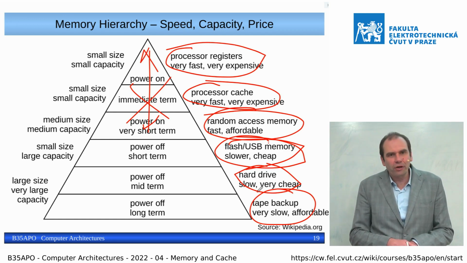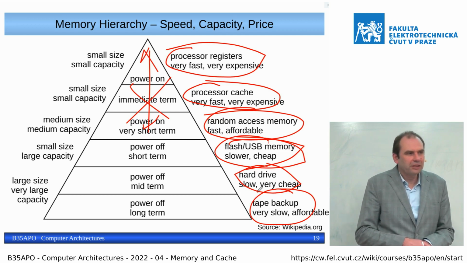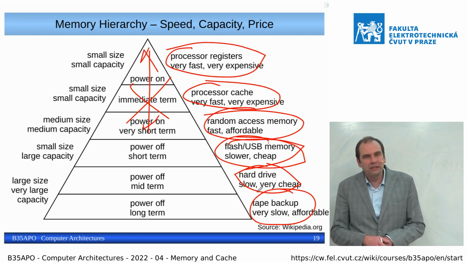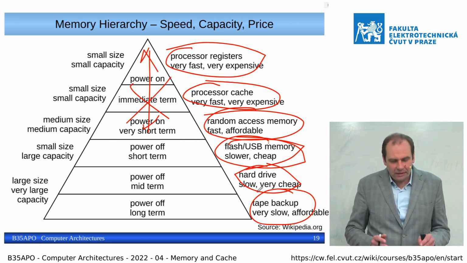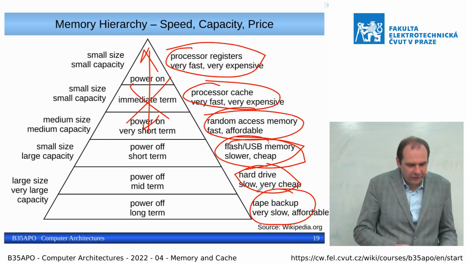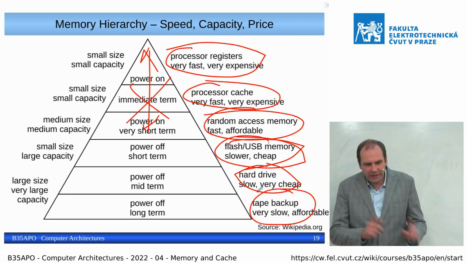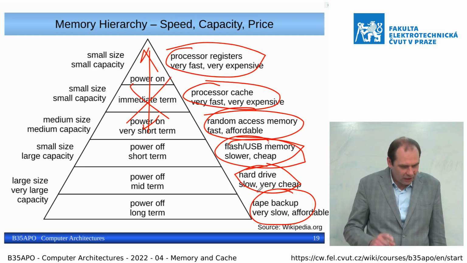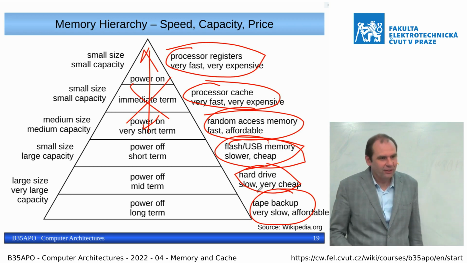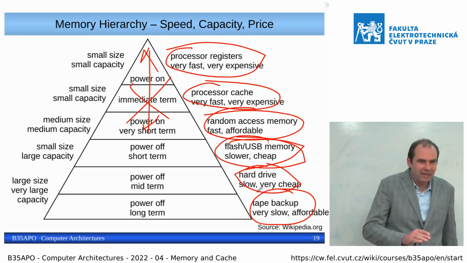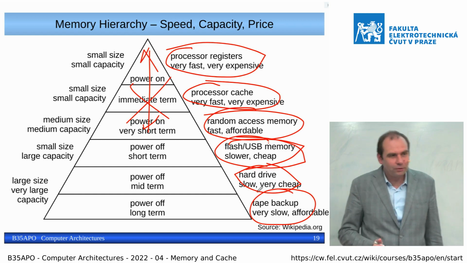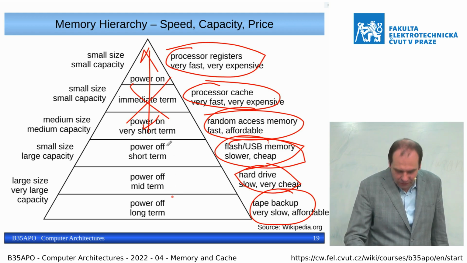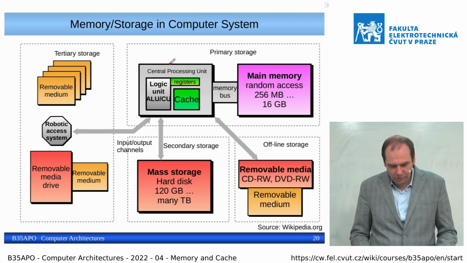You can have a robotic system to store the tapes. For example, the GitHub sources have been transferred to microfilms and are now stored somewhere on Spitsbergen under the ice, in a glacier. So it is a way to back up data, but the access time to those containers is not fast. So as you can see, each level is slower and slower.